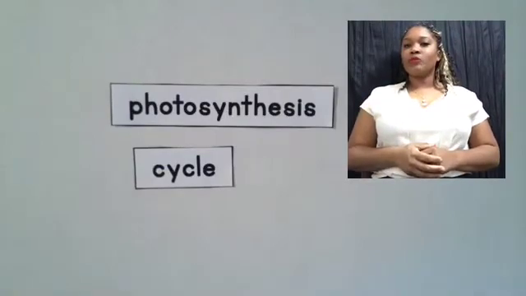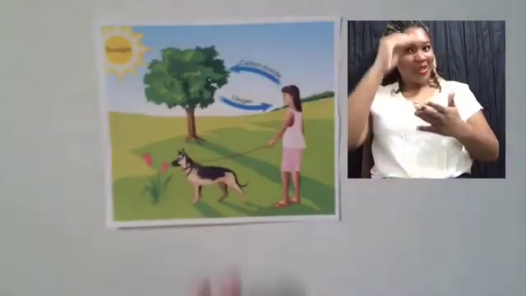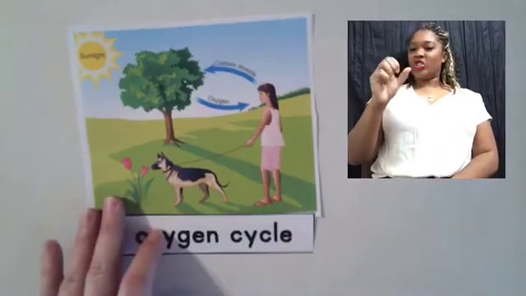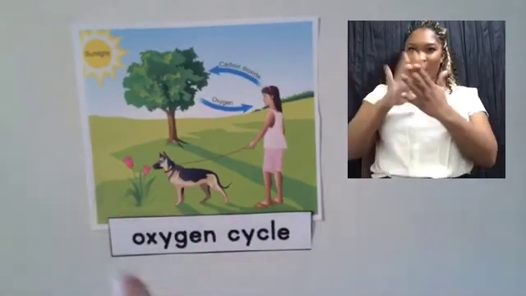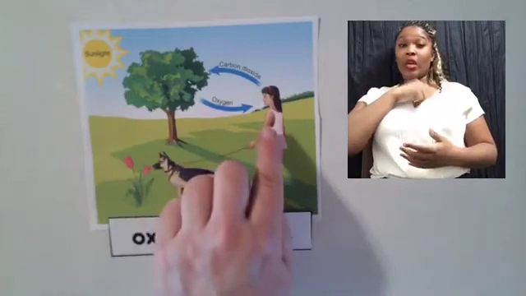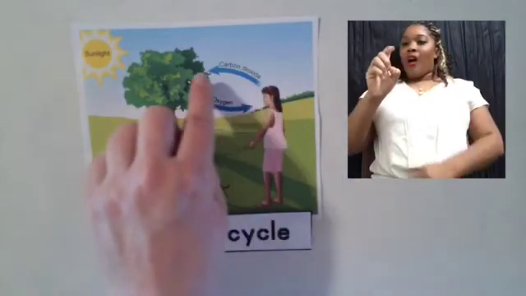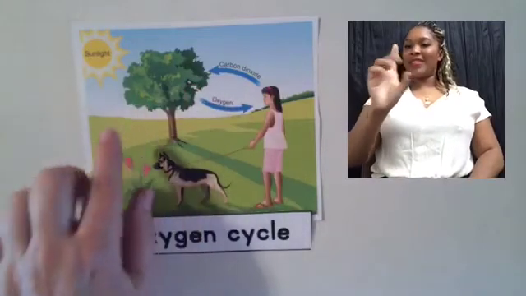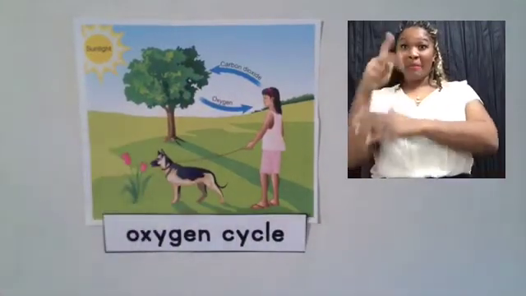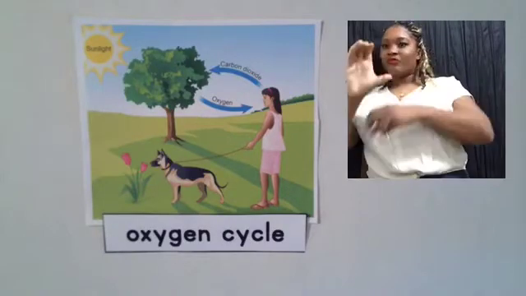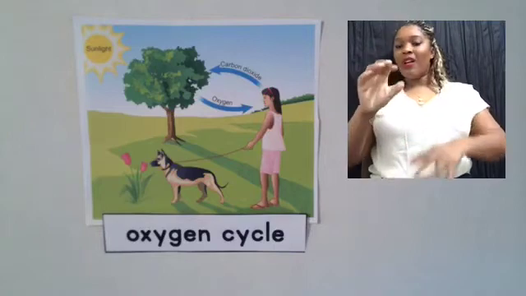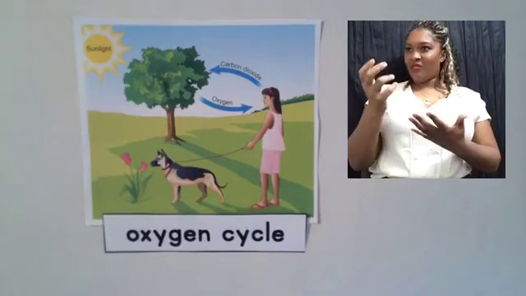And in our lesson today, we have also learned about this oxygen cycle, how we breathe in oxygen and we breathe out carbon dioxide, and plants breathe in carbon dioxide and they breathe out oxygen. In this way, we depend on each other.